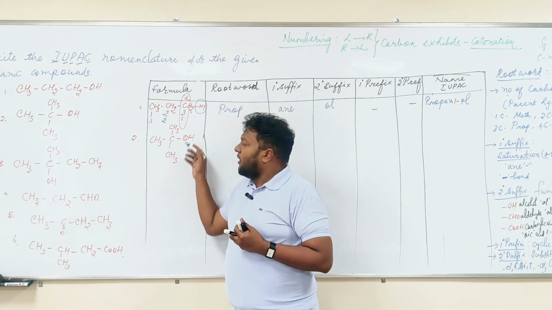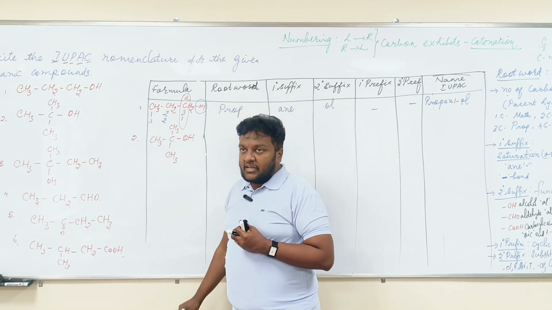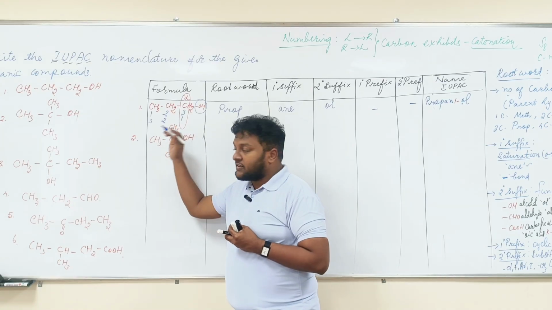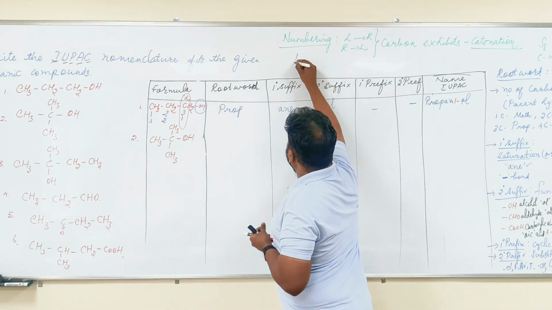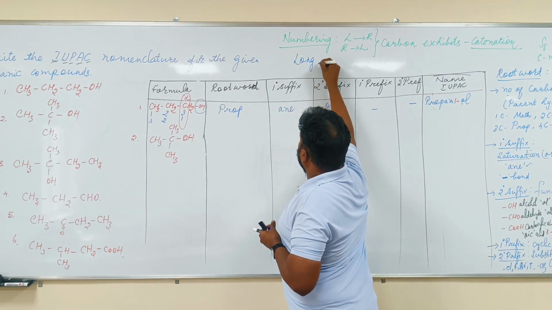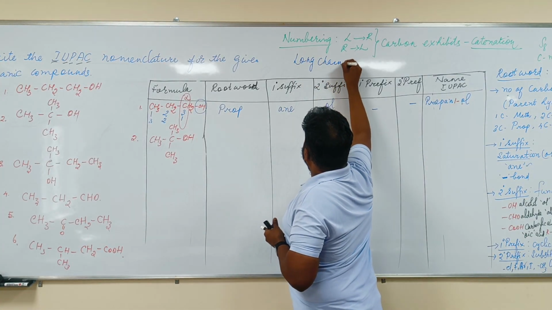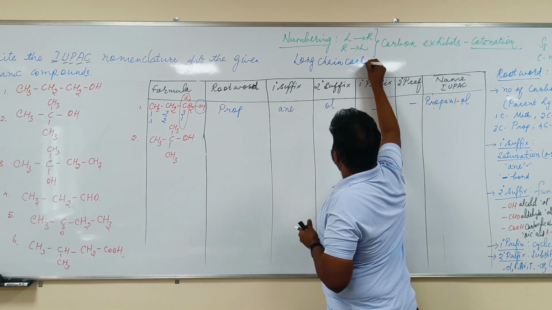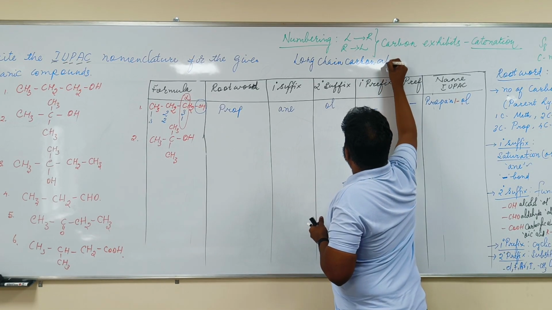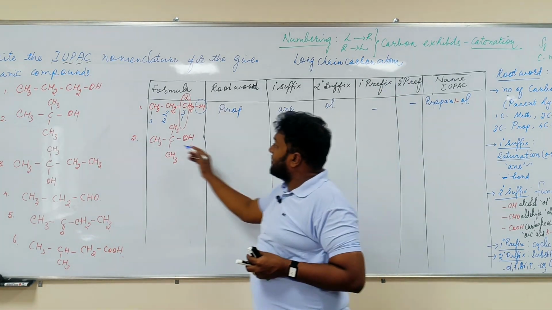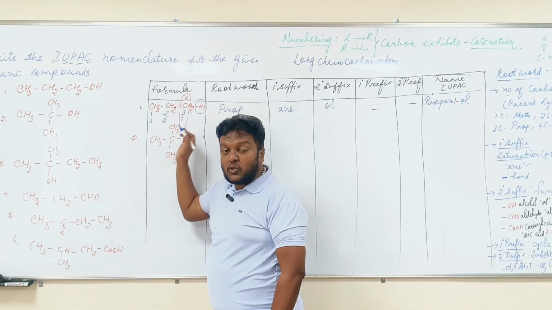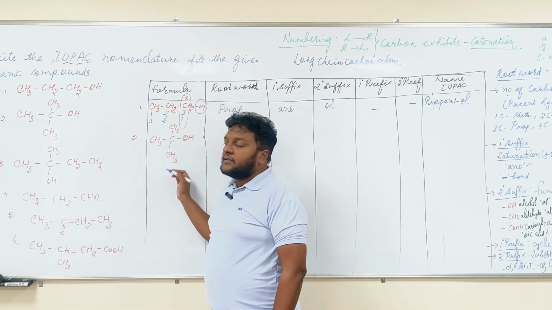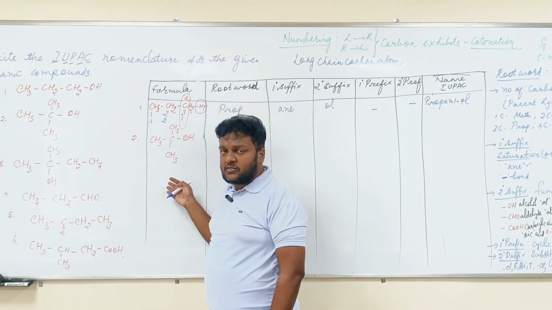The neo position, all sides you can see the branches. If such branches occur on all the sides, we have to consider the presence of the long chain carbon atom, because the branches are on the vertical side and also on the horizontal side.